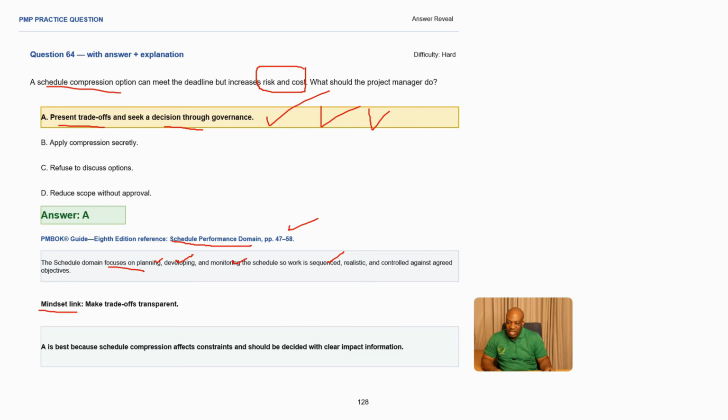The best mindset here is to make the trade-off transparent. This is very important for this particular question. So now the trade-offs, you now seek a decision through governance. So you now have a trade-off, you discuss with the stakeholders, and then you agree. Making A the best answer because schedule compression affects constraints and should be decided with clear impact information, making A the best answer in this scenario.